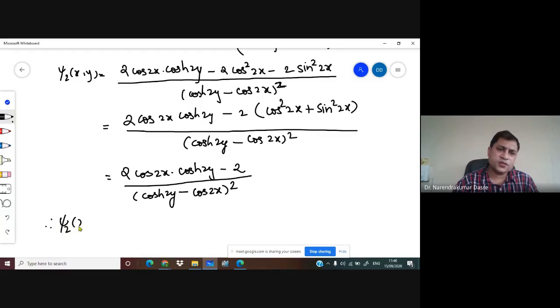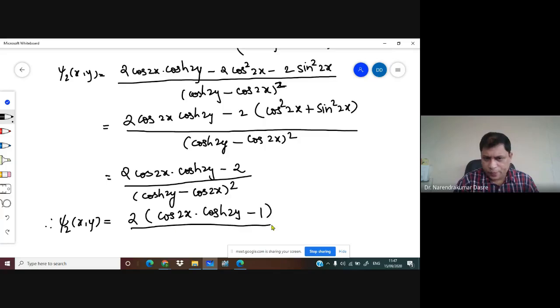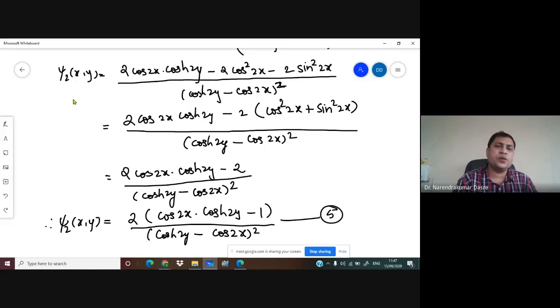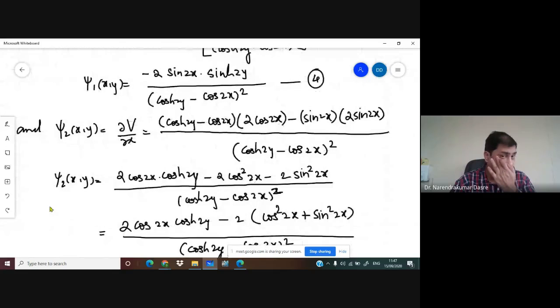Or I can write psi 2 of xy is equal to 2 times (cos of 2x into cos hyperbolic 2y minus 1) upon (cos hyperbolic 2y minus cos of 2x) whole square. Let it be the next equation, equation 5.